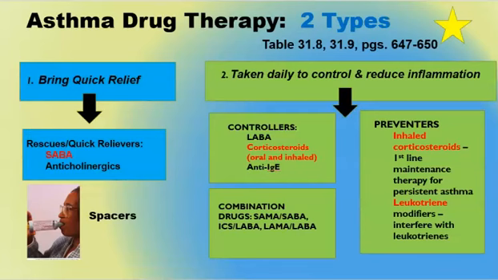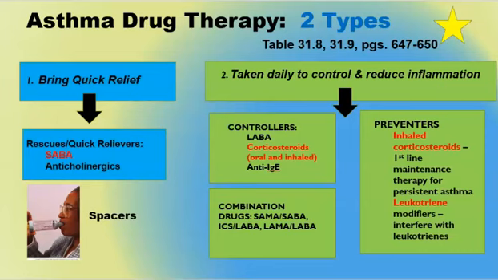Okay, so let's talk about asthma drug therapy. You have two types. Okay, there's a star in here for a reason. You guys need to know the difference. Two different reasons in terms of why you're taking medications. One, you need immediate, quick relief, okay? Those are the SABAs.